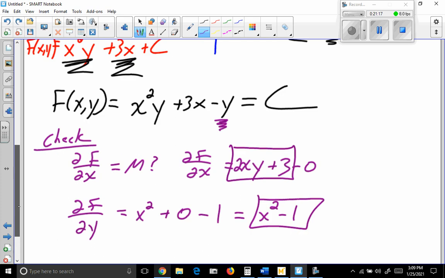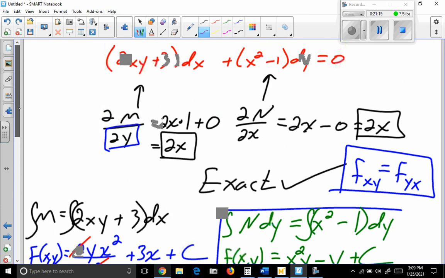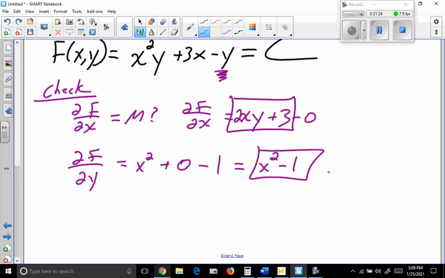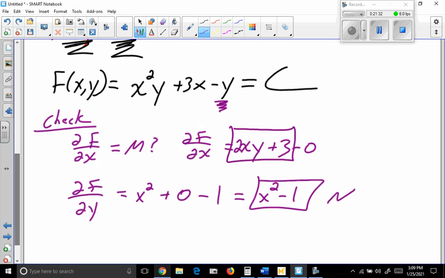And if we scroll back up, that's what N was, x squared minus 1. For N, we lost the x term when we took the derivative with respect to y, because that had no y's in it.